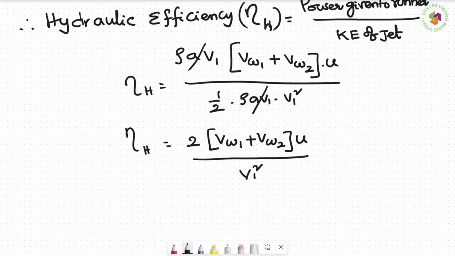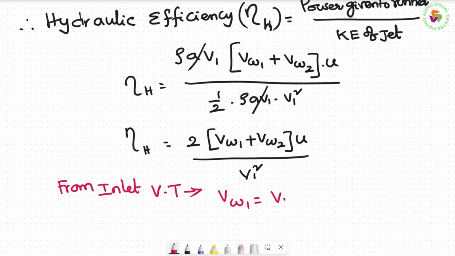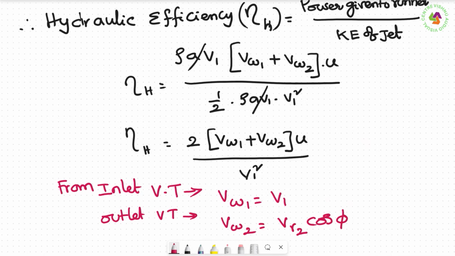We know VW1 is equal to V1 from the inlet velocity triangle. From the outlet velocity triangle, VW2 is equal to VR2 cos phi minus U2.